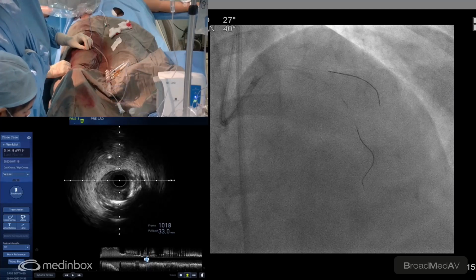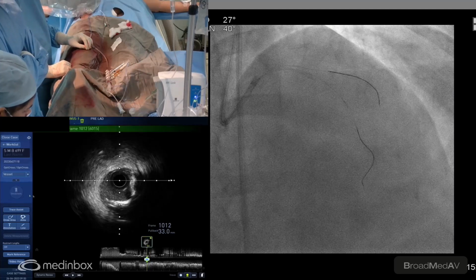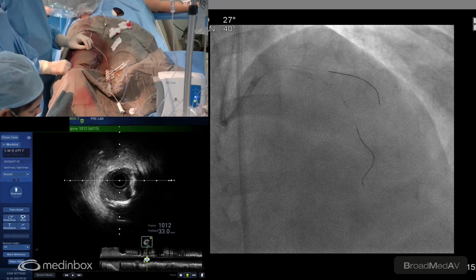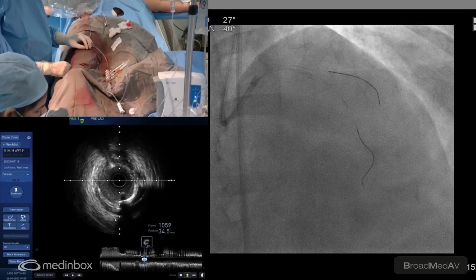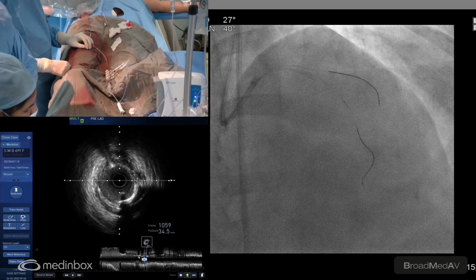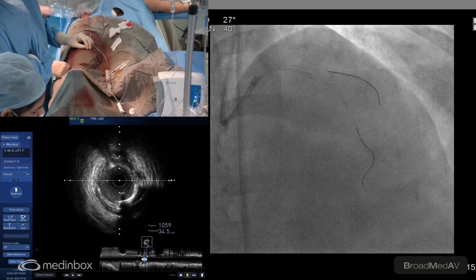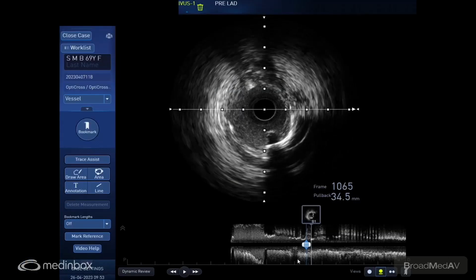That's a very good cut, Ashish. So over here you can notice the cuts noted between 4 o'clock and 5 o'clock position, and even at 6 o'clock to 7 o'clock you can notice cuts from the cutting balloon which was used.